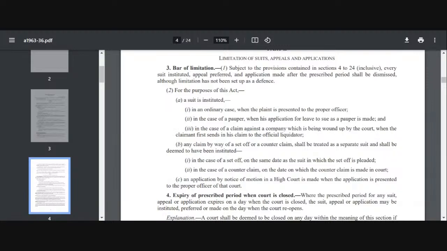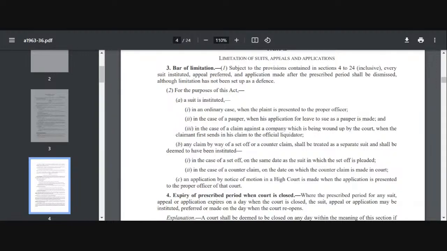Now in these cases, if I want to set off now, say on 5th January, will the court say that it is barred by limitation or not? And if it is the same illustration but for counterclaim, then what will happen?